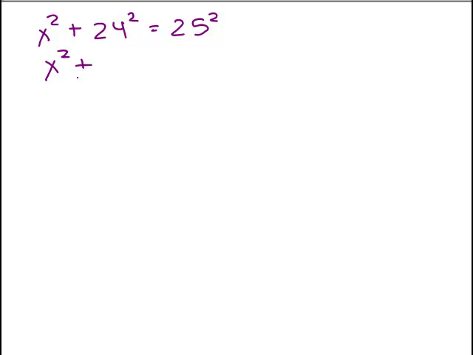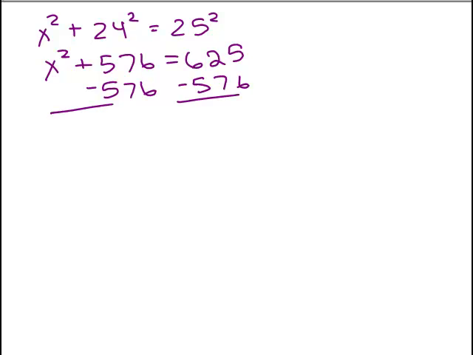So you have to do 24 times 24, and that is 576. And 25 times 25 is 625. And so if you just subtract 576 from both sides, you end up with x squared is 49, so x is plus or minus 7.